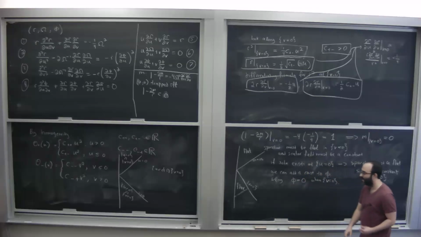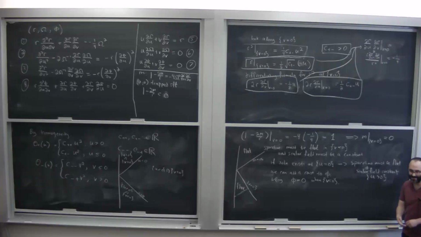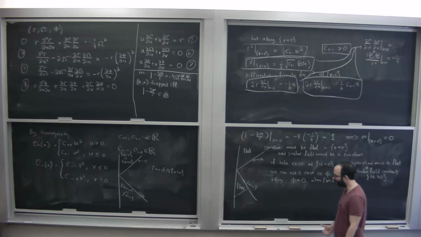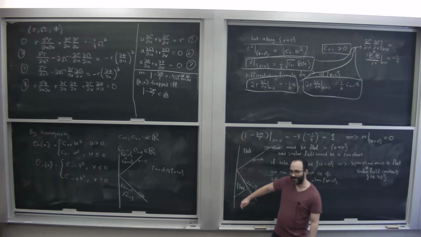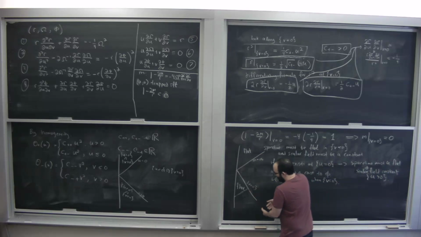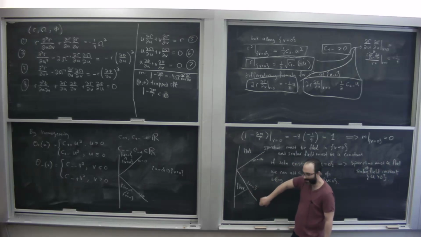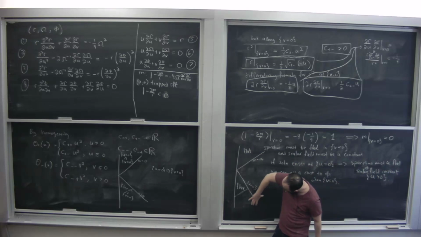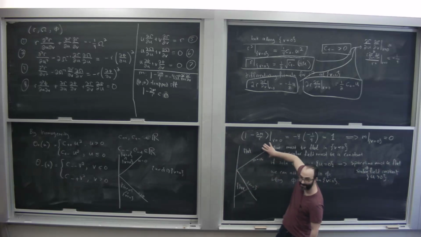Now this is amusing, because it starts to be very similar to that spherically symmetric wave equation situation that I did at the beginning. What happened there was that the solution was a constant here, some stuff happened here, and then it was a constant here again. There was a derivative jump for the scalar field, so some energy shot in, and then it bounces perfectly and all goes out.